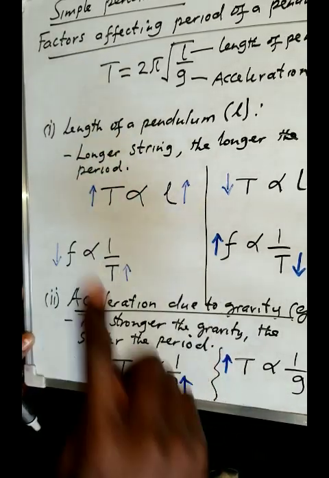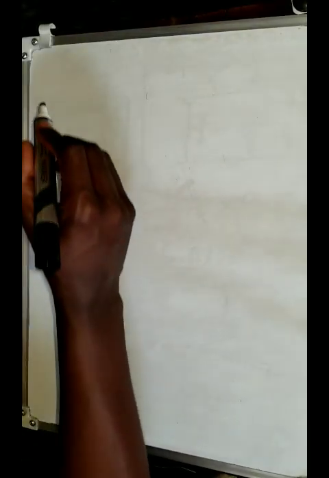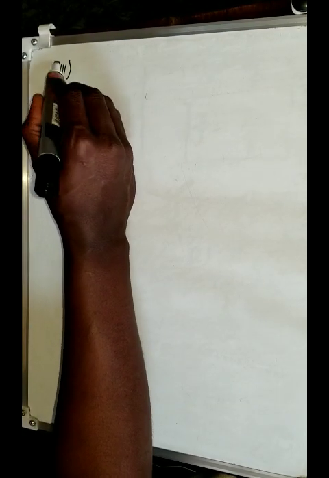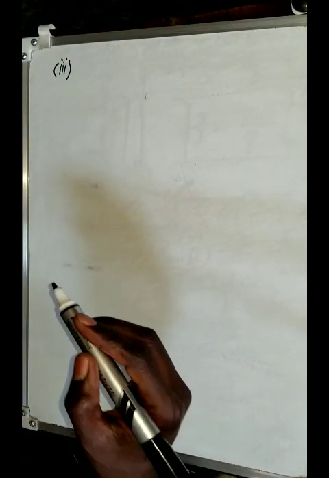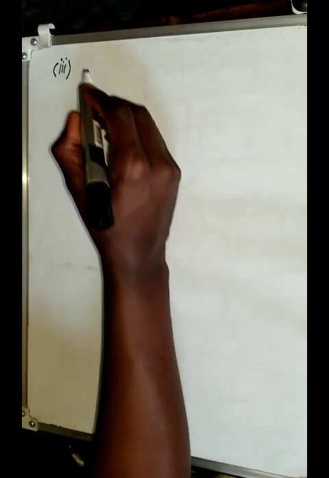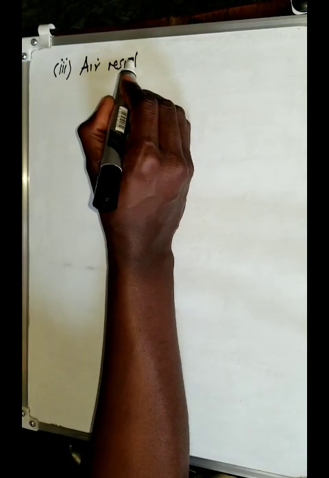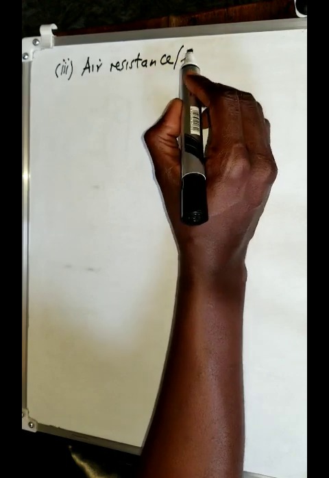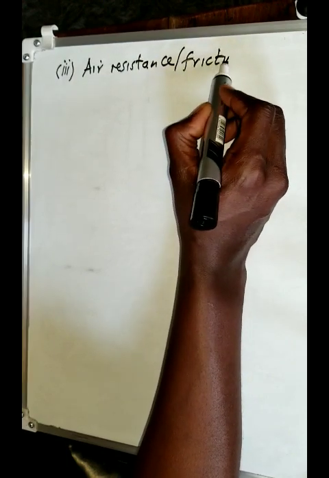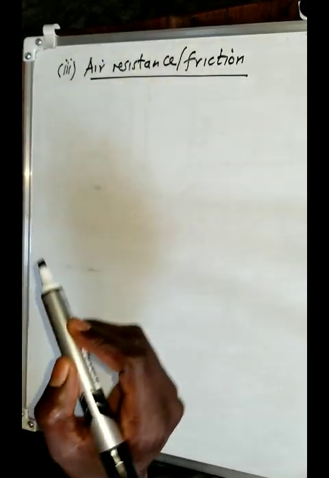Of course, these are the two main factors, but when you're carrying out an experiment in a real life situation, you also need to remember the third factor that affects the period of a pendulum. And that is what I can simply call air resistance. Air resistance creates friction or drag, as we can call it.